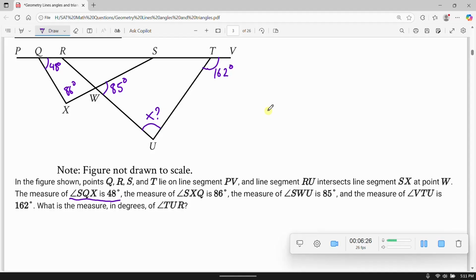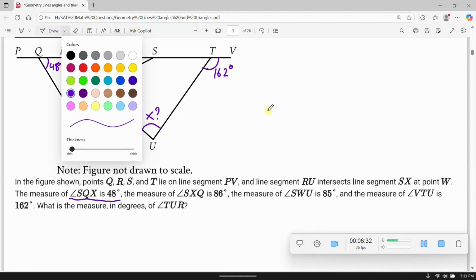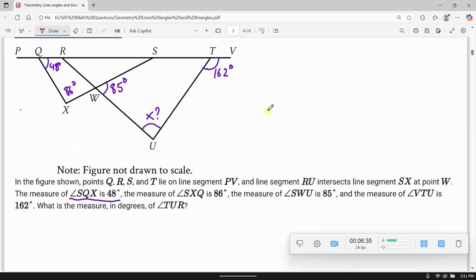Now we know that they use a different marker. Make sure you follow the three-letter angles. The angle is the letter in the middle.